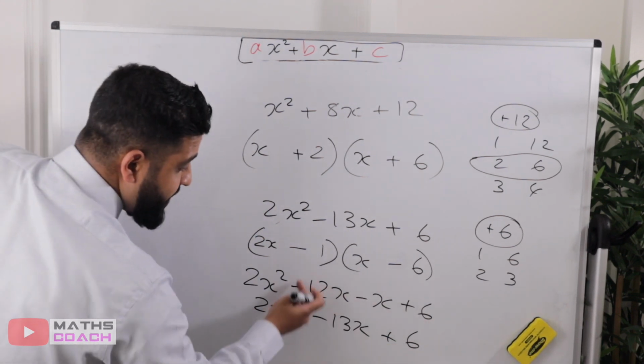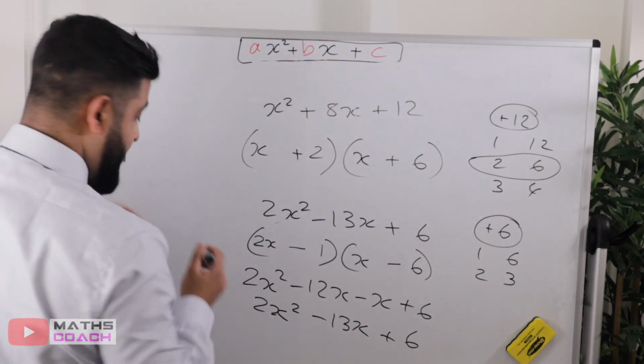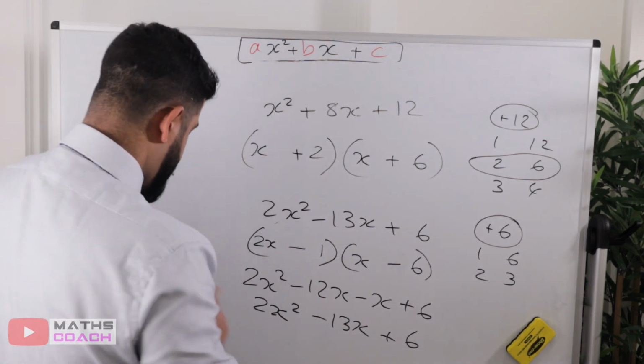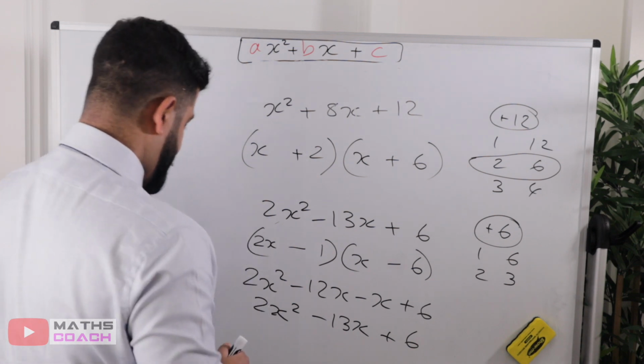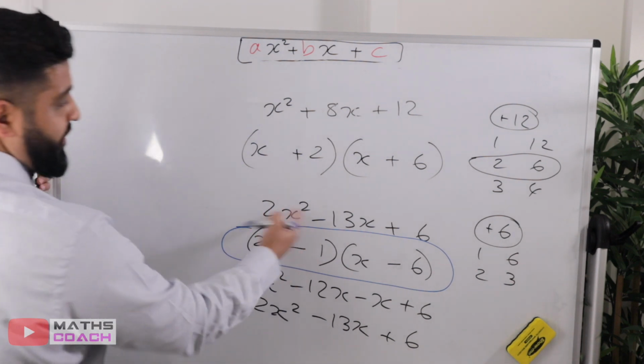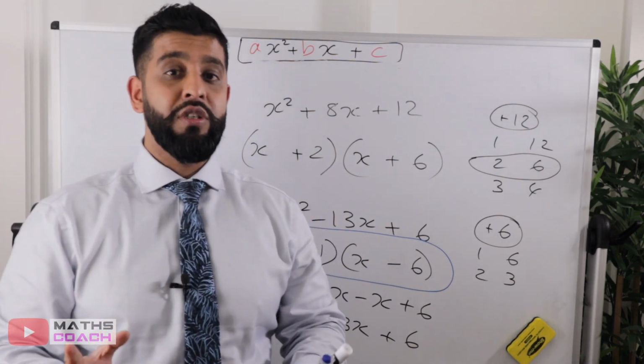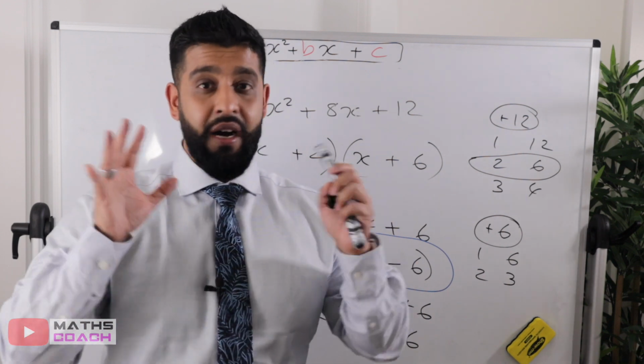So can you see these two combinations do end up giving me minus 13x. So this is the factorization of that. But like I said, if you can do this method, use it.